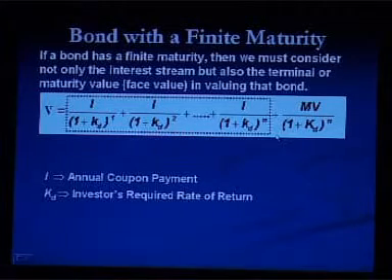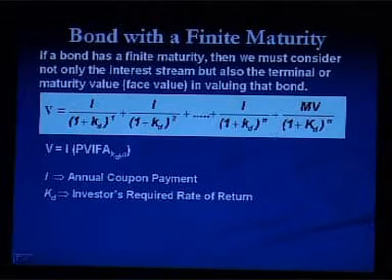But the first part you can recognize that this is an annuity, because you will get I at regular intervals. So, we can calculate the present value by using present value interest factor of annuity with KD and n period.